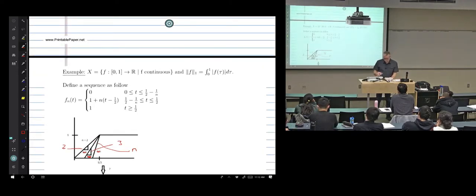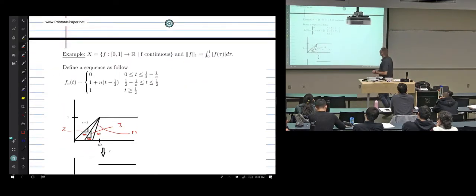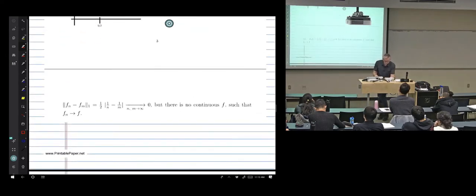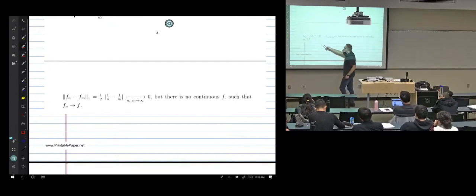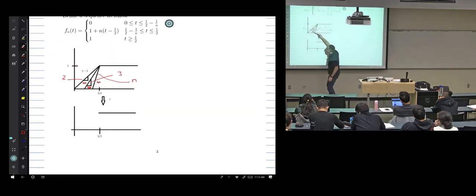Now, if that's the case, you can see we have a problem. This function is not continuous, so it doesn't belong to X, and I can't even talk about it as a limit. So I've got a Cauchy sequence, maybe. When you check the one norm, the one norm of xn minus xm is the area of this little triangle right here.